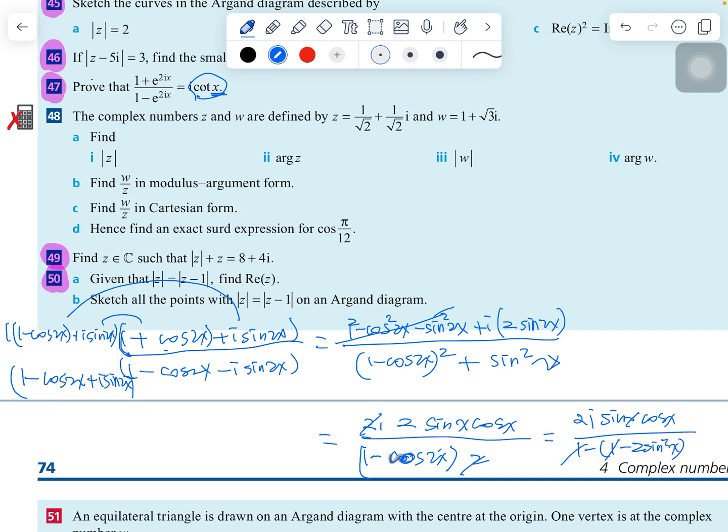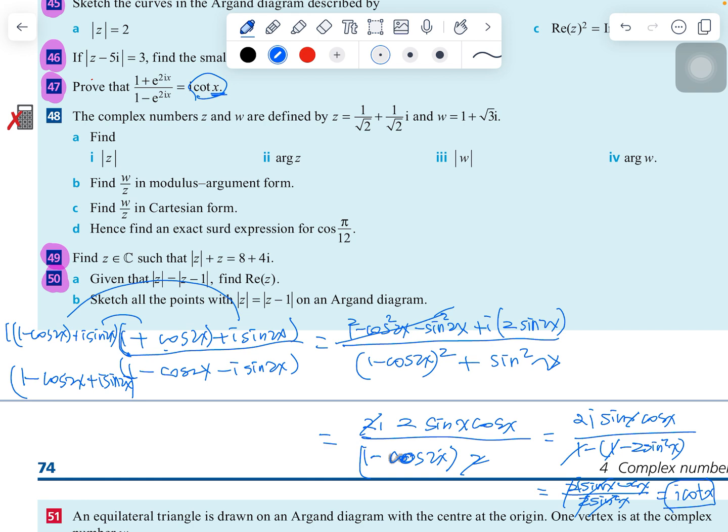So let's remove this one. Then 2 sine squared x, 2i sine x cos x, 2 sine. So cos over sine, which is cotangent of x.